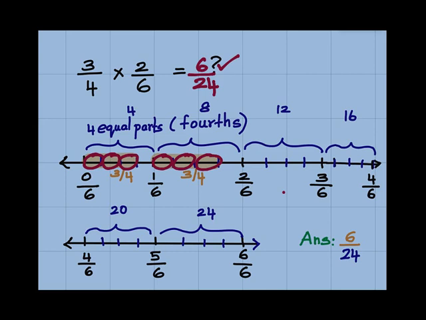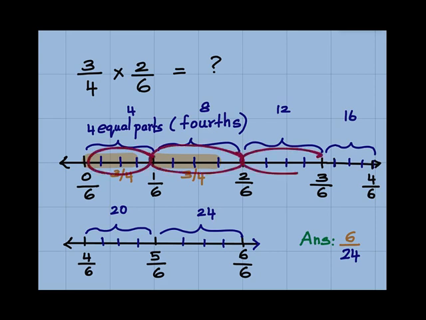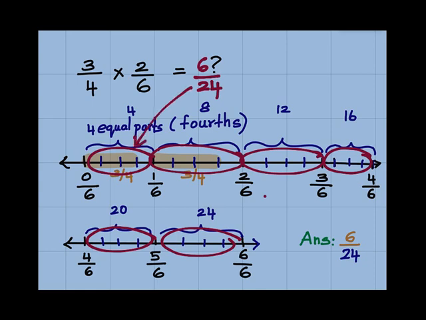And let's see the 24. 4, 8, 12, 16, 20, 24. So that is how we got the denominator 24 and the numerator 6 is right here.